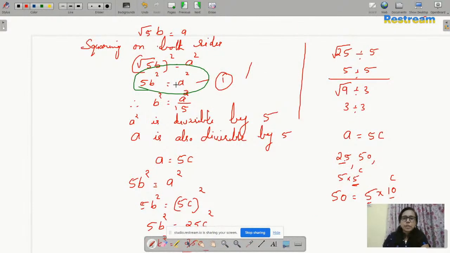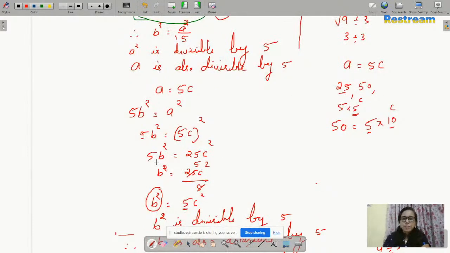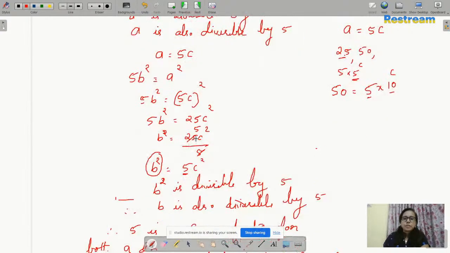Now 5B square is equal to A square; substituting, 5B square is equal to 5C whole square, that is 25C square. So B square is equal to 25C square by 5. The 5 and 25 can be cancelled, giving 5C square.